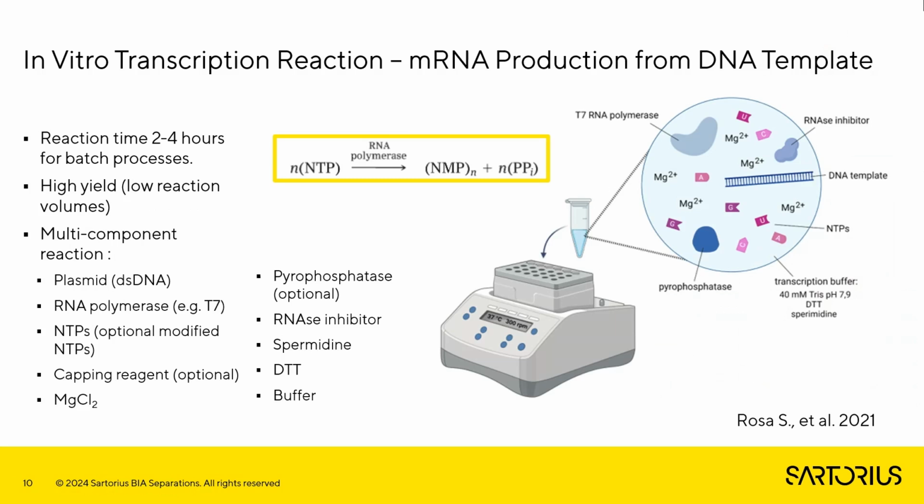For each NTP that goes into the chain, we produce a pyrophosphate molecule. We also need to provide magnesium into this reaction. Sometimes, quite frequently in fact, we provide something called capping reagent.